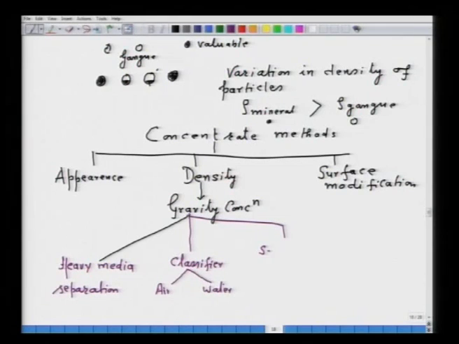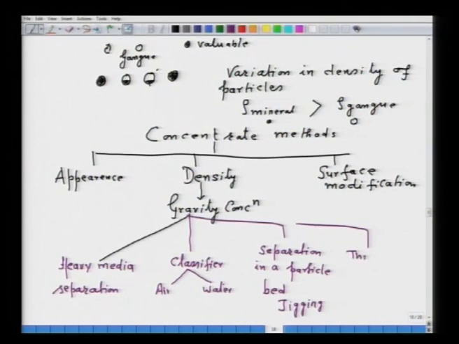Third technology is separation in a particle bed, and the most important technology here is jigging. And the last one is thin film flowing, which is called tabling.